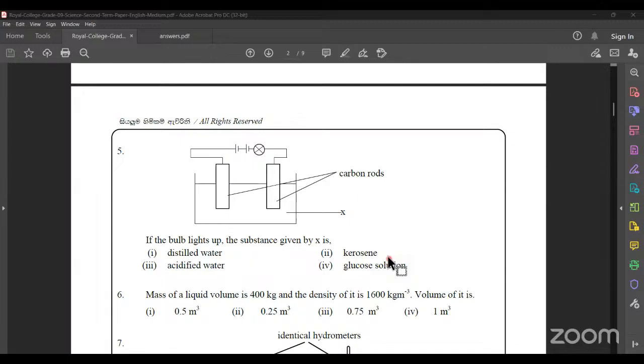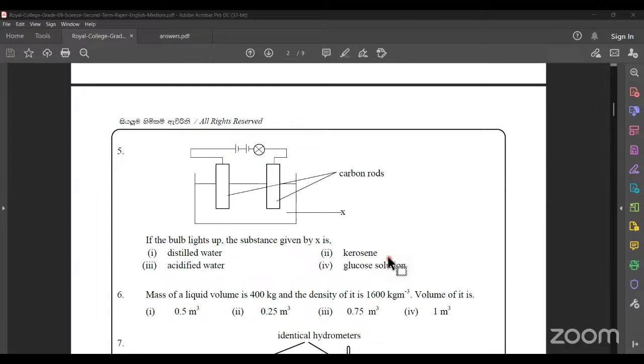So out of these answers, distilled water doesn't have ions. Kerosene, it is oil, so no free ions. Then glucose solution also doesn't have ions. So the correct answer is acidified water.